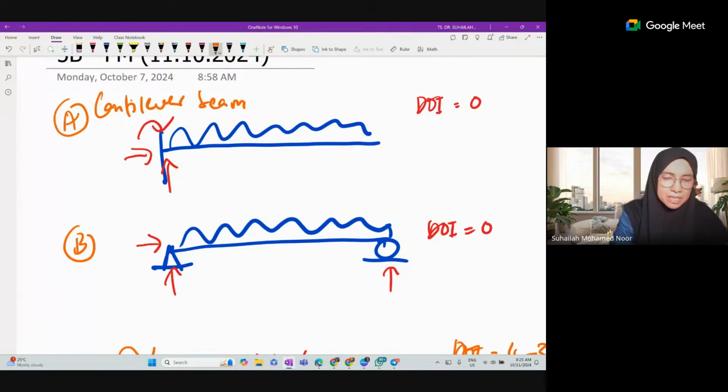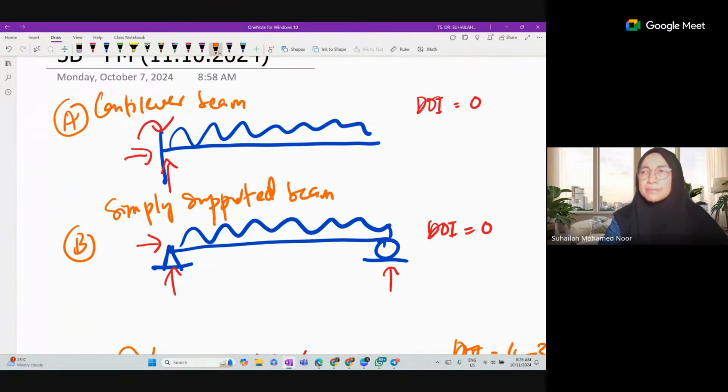What is B? B is a simply supported beam. Both diagrams describe the principle of superposition, the primary structure and the redundant structure. Both of these can be a cantilever beam or a simply supported beam, depending on the redundant that we choose.